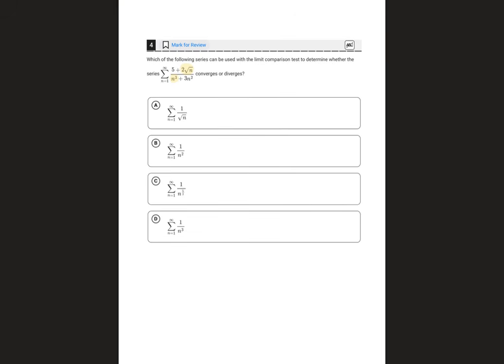So we're going to compare to something. And for the limit comparison test, we can even ignore this too. The direct comparison test, you have to worry about these constants sometimes, but for the limit, you don't have to worry about that. So actually here, let's not worry about the 2 even in the top. We'll just worry about the root n.